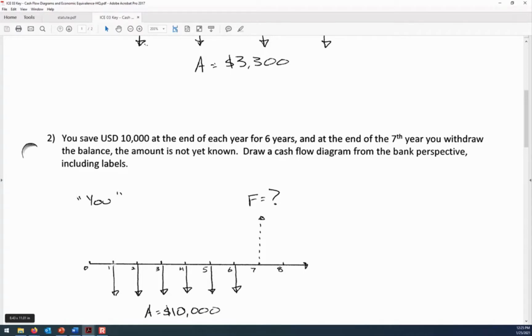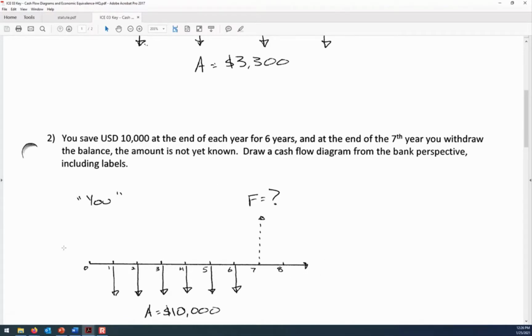So this tick mark is the end of the first year and the beginning of the 2nd year, because period 2 goes from 1 to 2. So here's the beginning of the 2nd year, the end of the 2nd year. So sometimes it can be a little bit tricky because one point of time is both the beginning of one period and the end of the previous period.